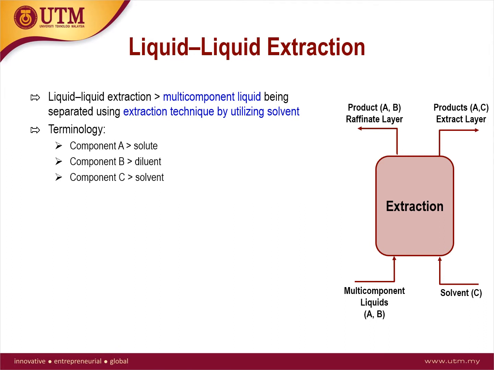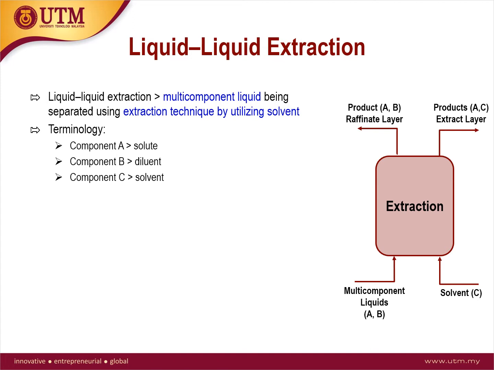Alright, there is a net transfer of one or more species from one component into another component, which is from the solute in the aqueous solution to the solvent, which is the organic solvent. And this transfer is driven by the chemical potential.